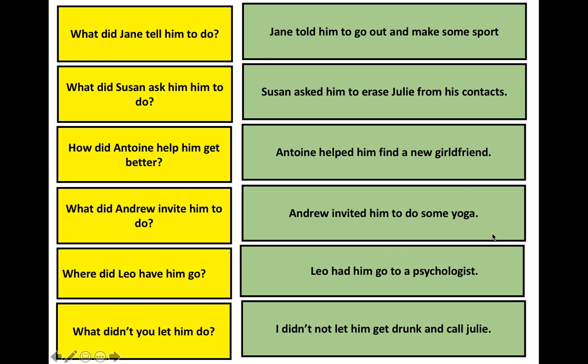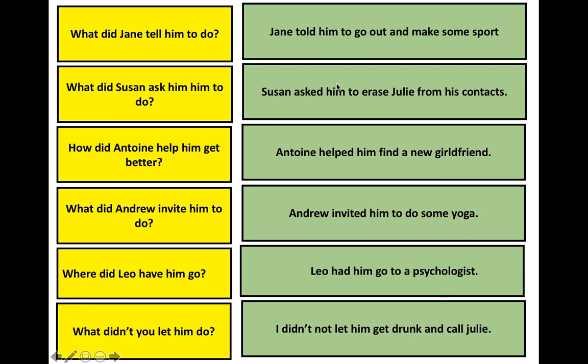So remember the structure verb, object, verb with the 8 verbs that I gave you. After tell, in all the tenses, we use an object pronoun and we use to. Told him to go. Susan asked him to erase.